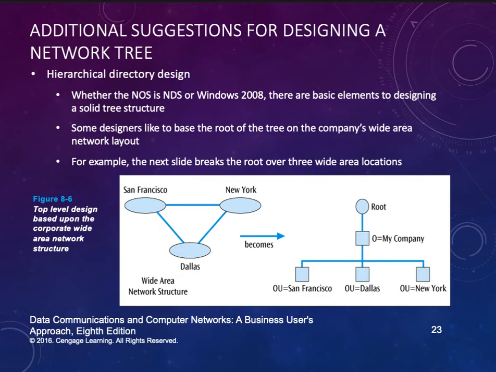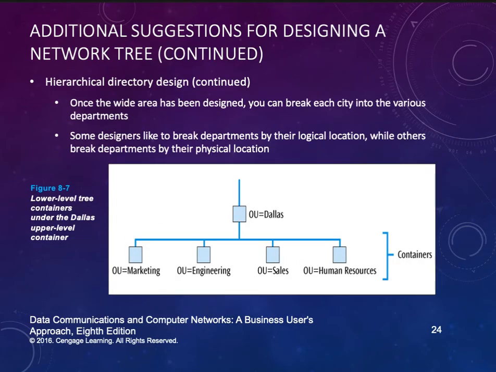This is basically a tree design for a wide area network. We have here San Francisco, New York, and Dallas. And if you look at the right side, from the root, it's basically a tree divided into three parts. And from there, it's further divided to the different departments, for example, marketing, engineering, sales, and HR.